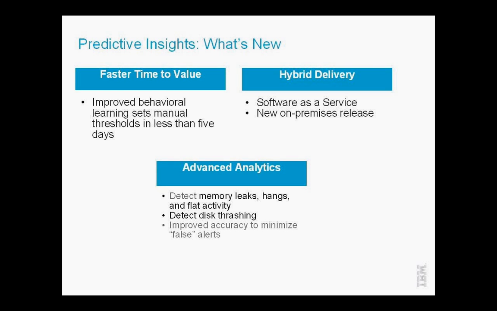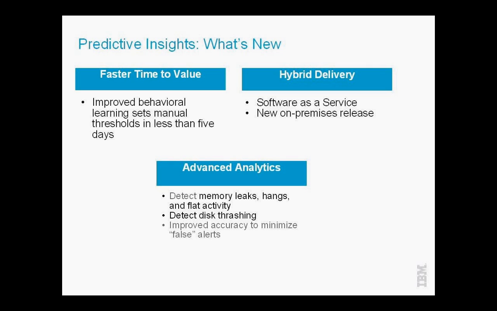Now we've improved it so that it's down to less than 5 days, as stated on here. And again, the reason you can't give an exact answer is that it all depends on the quality of the data. You know, garbage in equals garbage out. The better quality data you get coming in, the faster you're going to be able to build a reliable model.